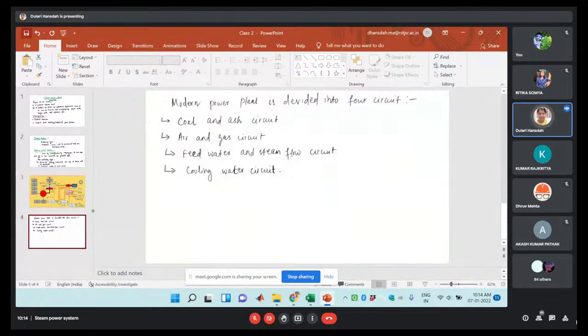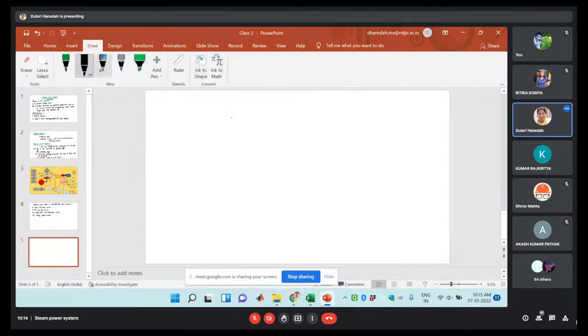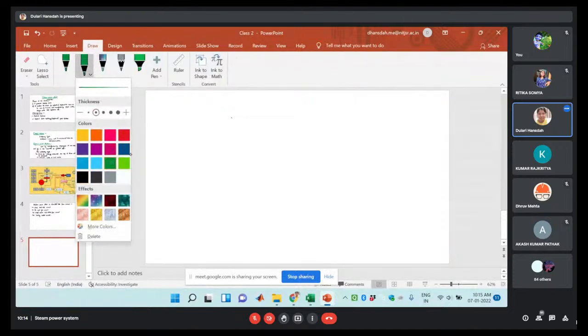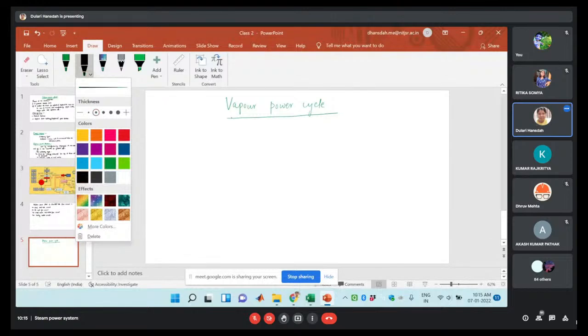So next one is your vapor power cycle. Vapor power cycle, as I have already told you in the last semester, will have four different components.